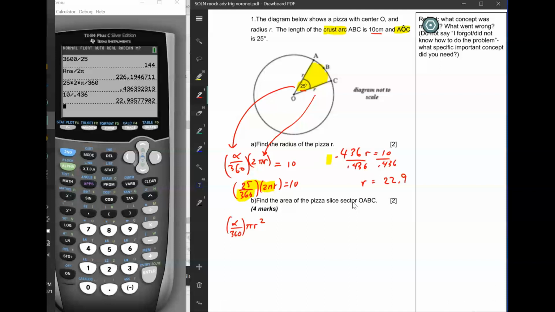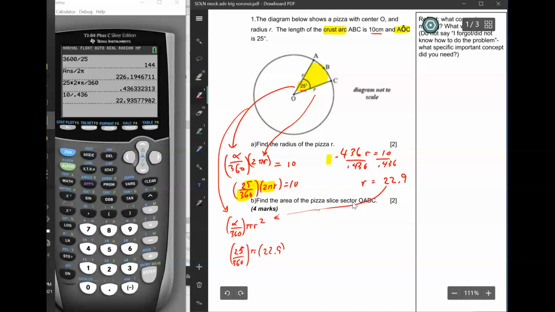In this case, now we know r is 22.9, and 25 degrees is alpha again. So we put 25 divided by 360 times pi times 22.9 squared.